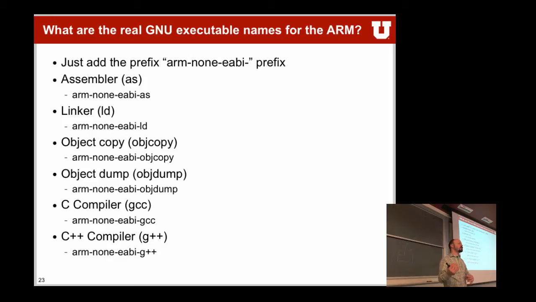So they're taking code that you're writing on, for example, an x86 machine and compiling it for an ARM platform. In our case, this will be an ARM platform that's adherent to the EABI binary interface, which we will look at later on.